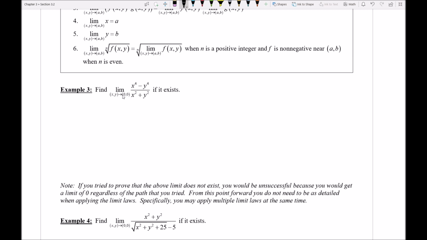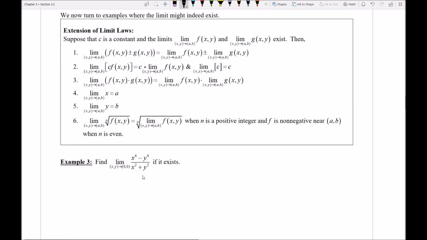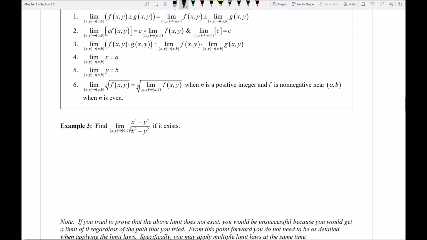We have to think about how I can make use of these laws in order to argue for this. Well, one of the things that's immediately difficult here is that I have two things that are being divided, and I don't really have anything in my laws here that tell me what I can do with that. So what I'm going to focus on first is simplifying this algebraically.